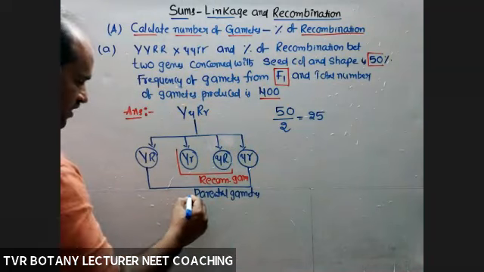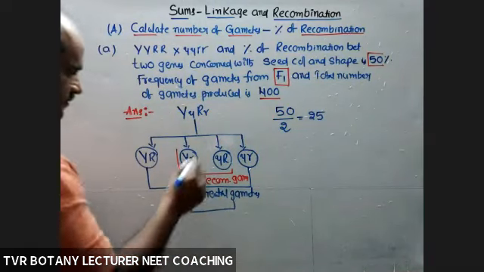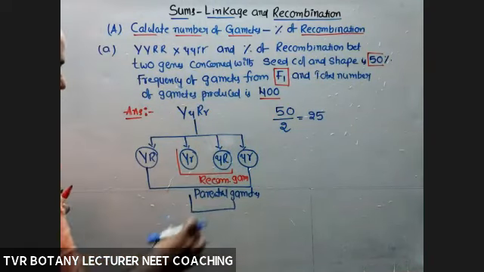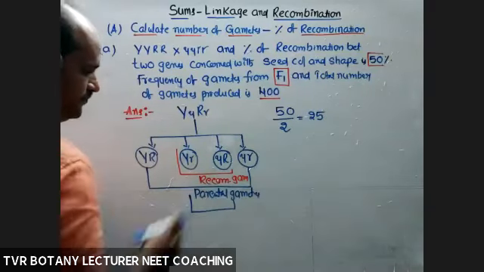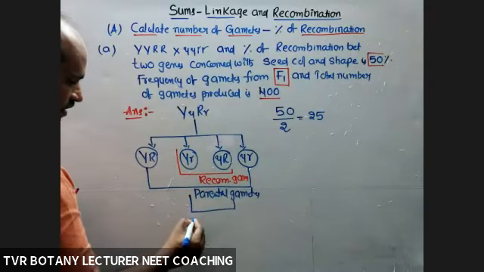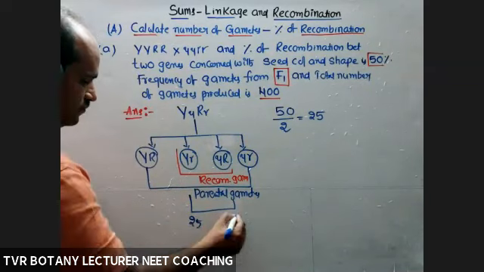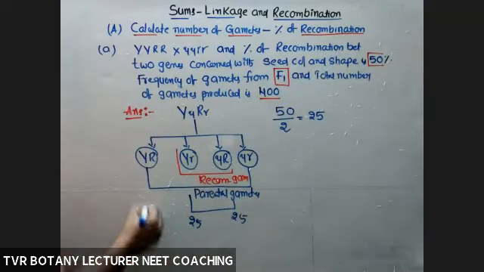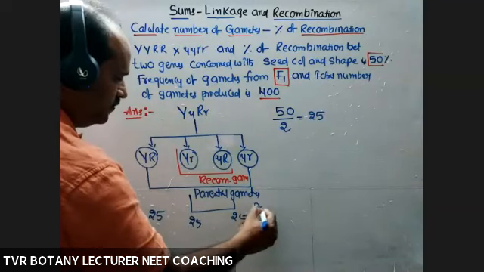So the probability of this one is 25, and this one also 25, and the remaining parental ones 25, 25.